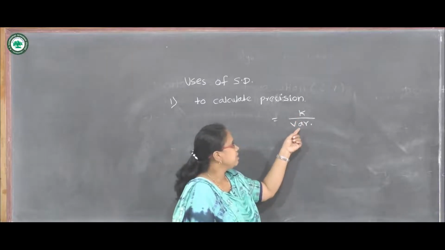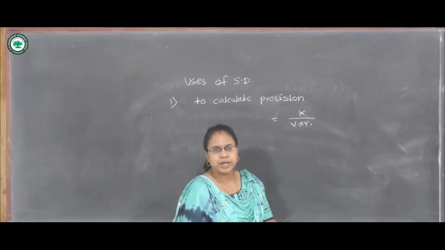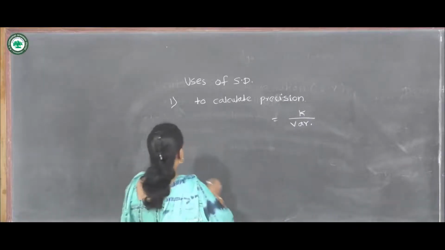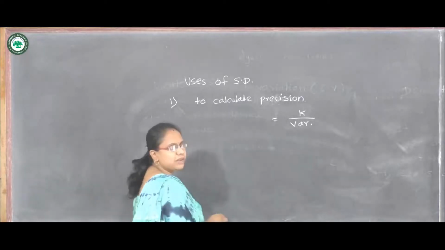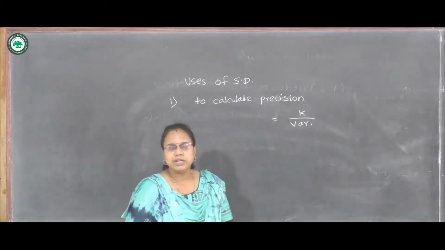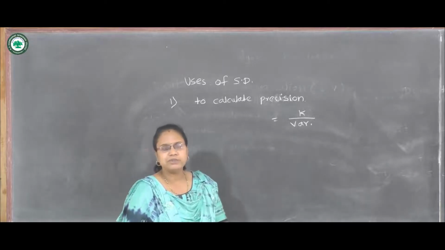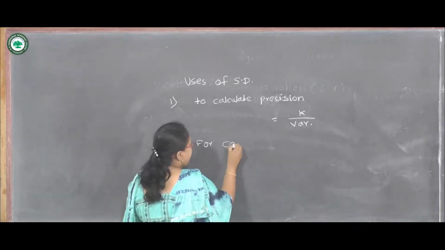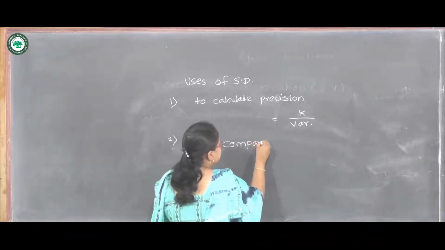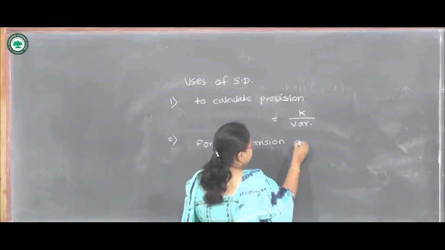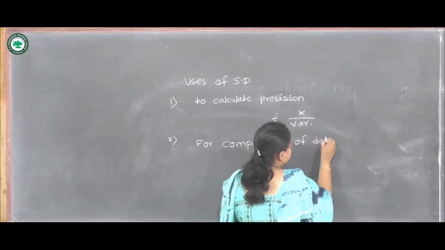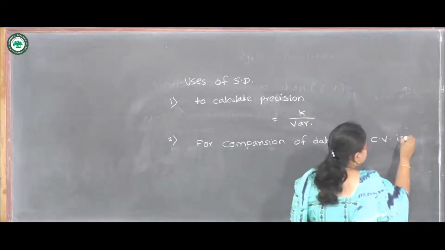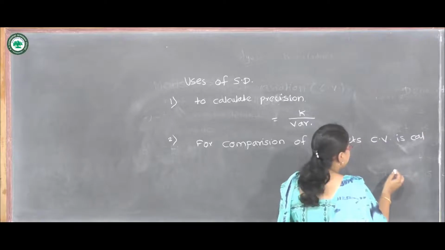K upon variance means precision is inversely proportional to variance. Then from standard deviation we calculate CV, which is used to compare data. For comparison purposes, CV is calculated, which is dependent on standard deviation.